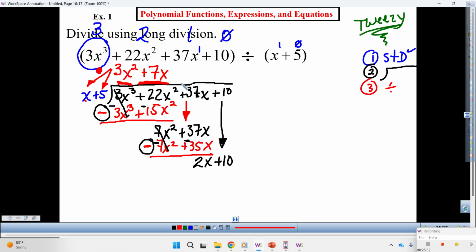So last but not least, what number times x gives me 2x? Positive 2. So 2 times x is 2x. 2 times 5 is 10. We're going to subtract. And what did I say with that subtraction? You circle it, distribute this negative here and here. So what is 2x minus 2x? Cancel. 10 minus 10. So my remainder is what? 0.